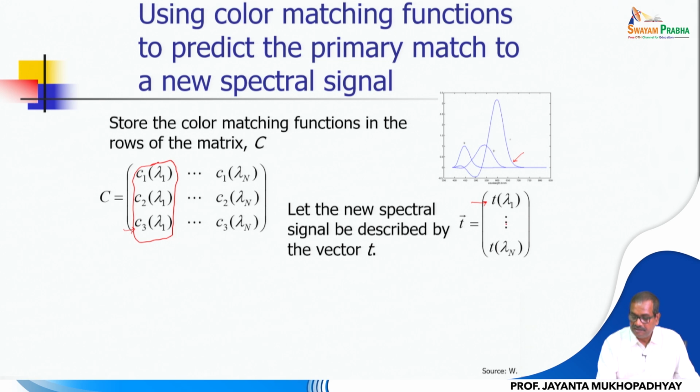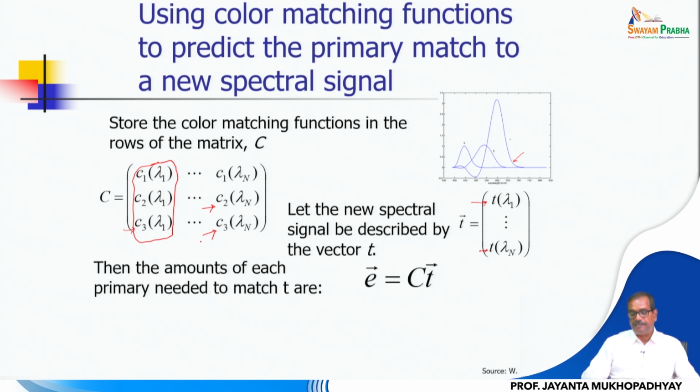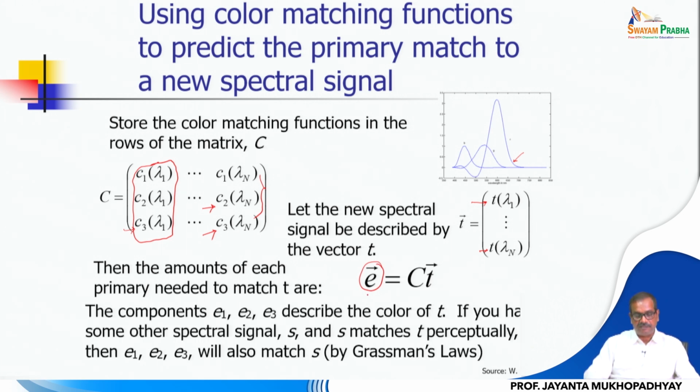Similarly, for T lambda n, it will produce T lambda n into C1 lambda n, T lambda n into C2 lambda n, and T lambda n into C3 lambda n. In this way, we just add them. So this can be conveniently represented by a matrix multiplication. There are three rows, so this E will be a 3-vector. You can check with the matrix dimensions also. So this is how for any arbitrary color signal you can compute its representation with these three components.